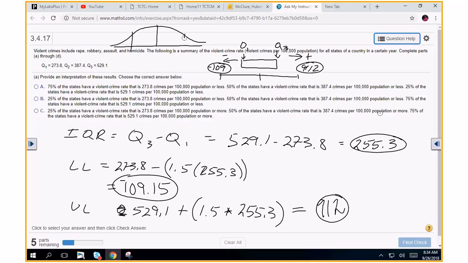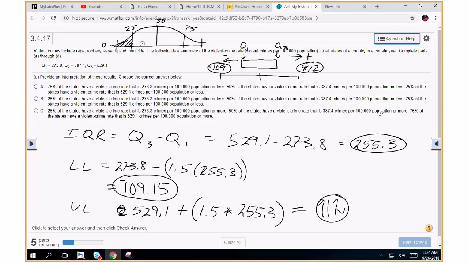Okay, remember this is 0%. This is around 25%. This is around 50%. This is around 75%. So what they're asking, when you've got this number right here, that means that 25% of the population is to the left, and what's to the right? 75%.